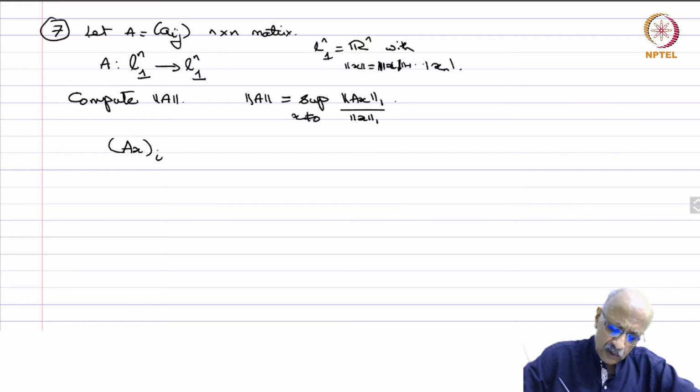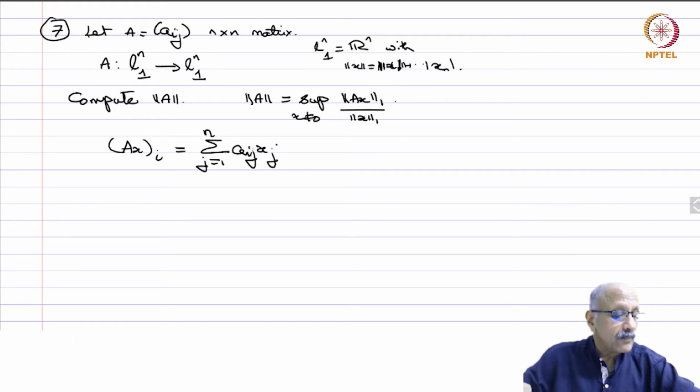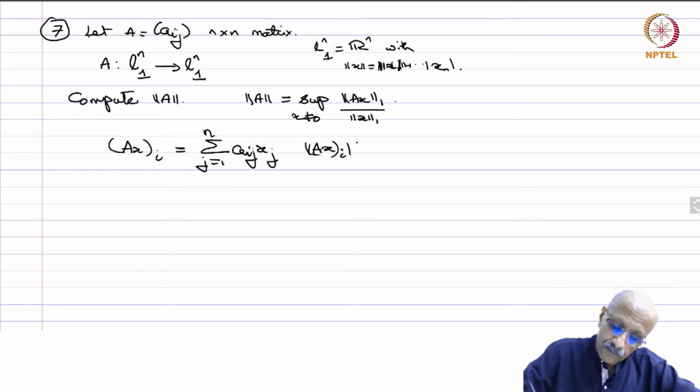What is the ith coordinate of Ax? This is nothing but the sum over j equals 1 to n of a_ij x_j. So, mod (Ax)_i is less than or equal to the sum over j equals 1 to n of mod a_ij mod x_j.